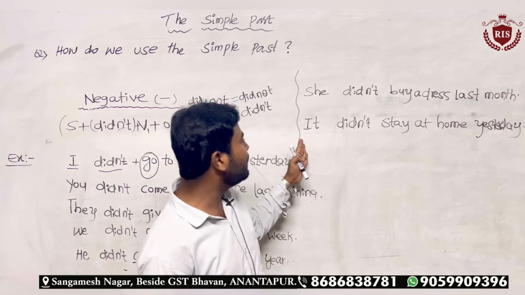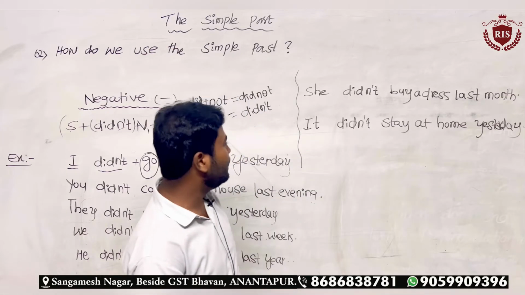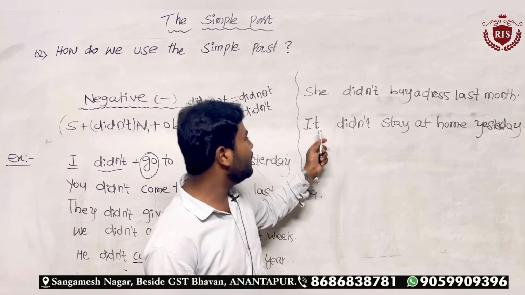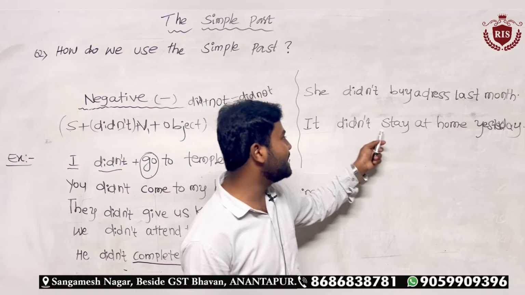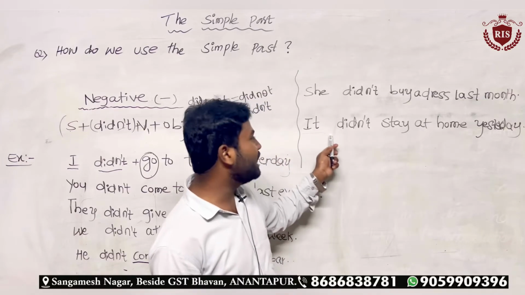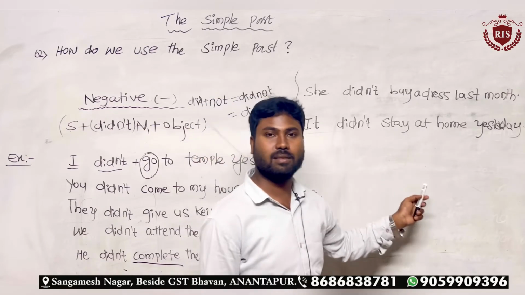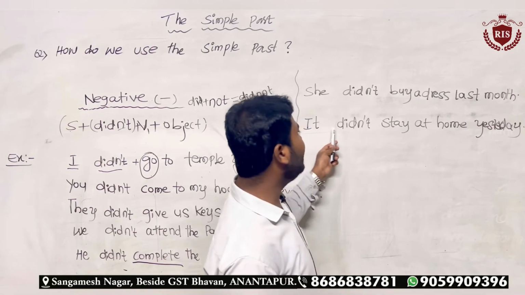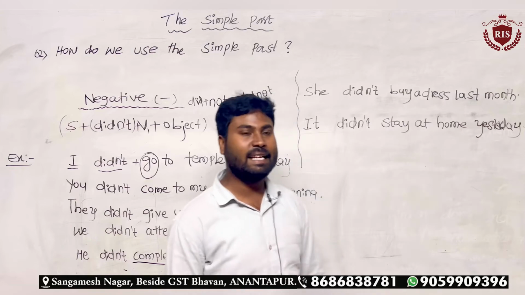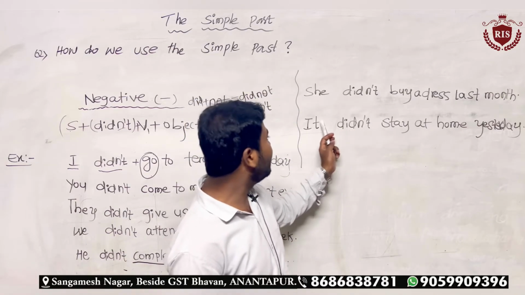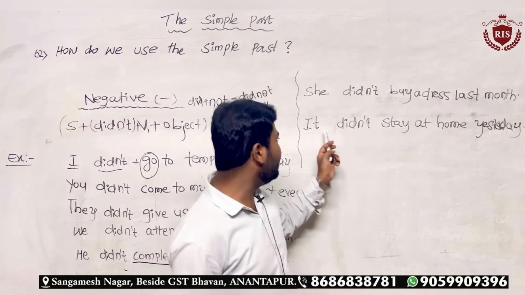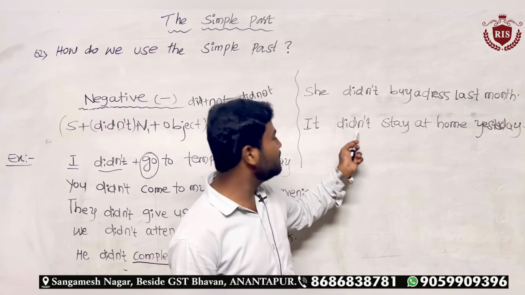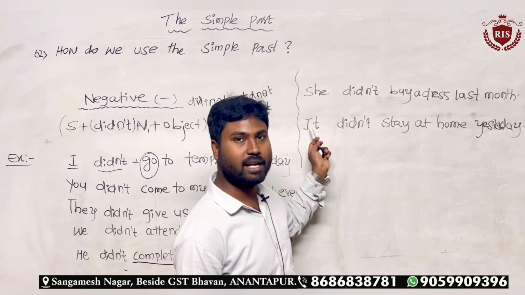Next, if you look at the last example, we have taken the pronoun it as the subject of the sentence, and didn't stay. Here it refers to a dog or any pet animal. So they said that it didn't stay at home yesterday. Again after didn't, even here we use the same auxiliary in the negative sentence, even for the pronoun it, right?